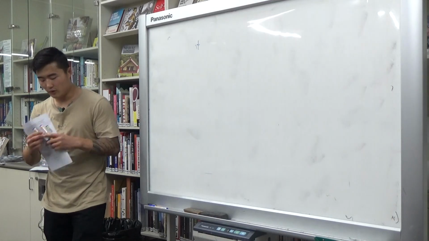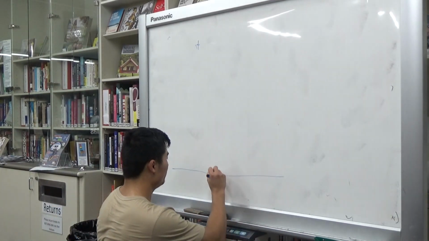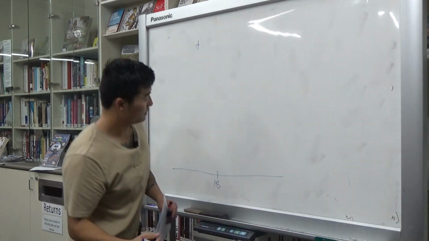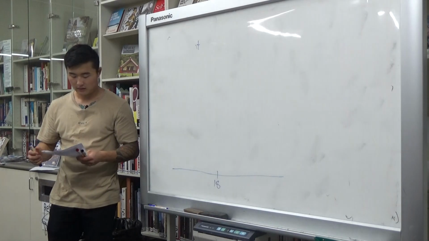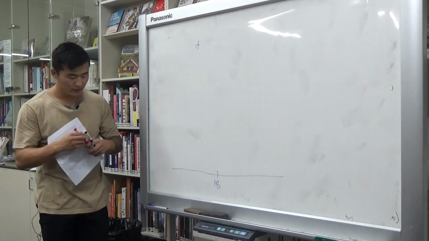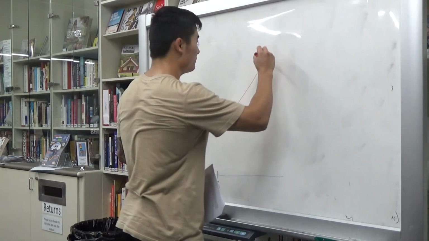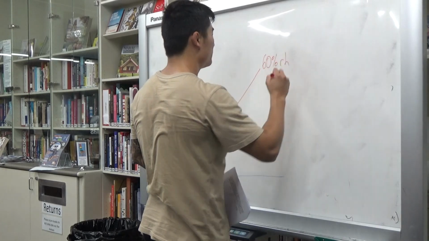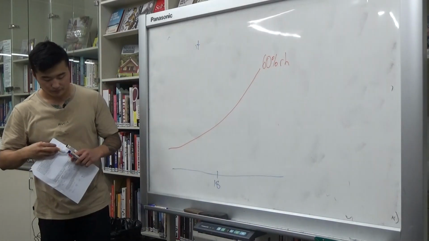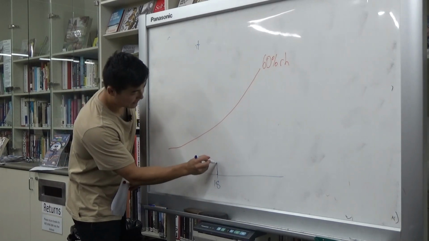So you're going to find 18 on the x-axis, and then you're going to find that 60% relative humidity line, and you're going to see where it intersects.